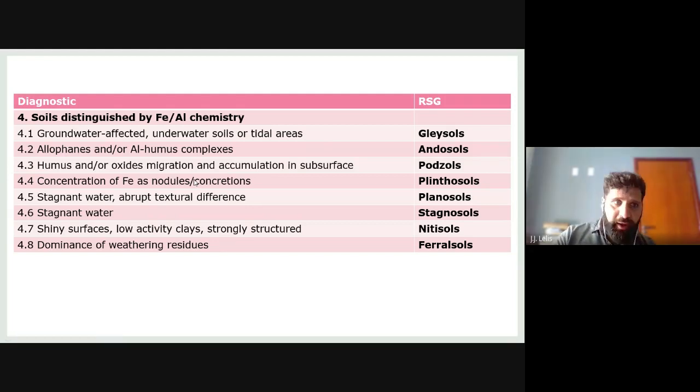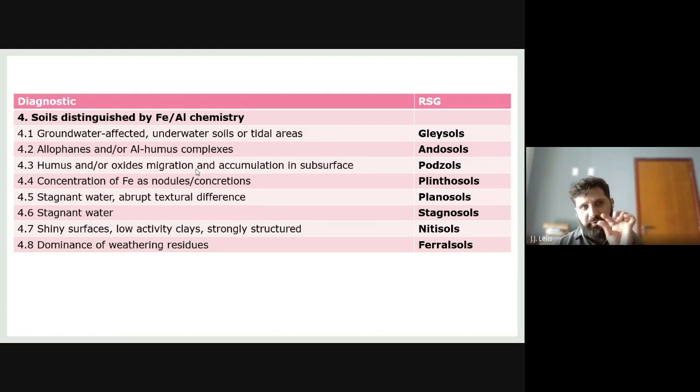We also have some soils that possess an abrupt textural difference. So they change their texture very, very fast. They possess a sandy A horizon or a sandy E horizon and a clay B horizon. And the variation of clay content is very high and in a very thin section.